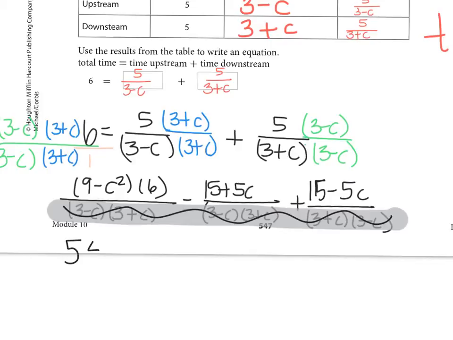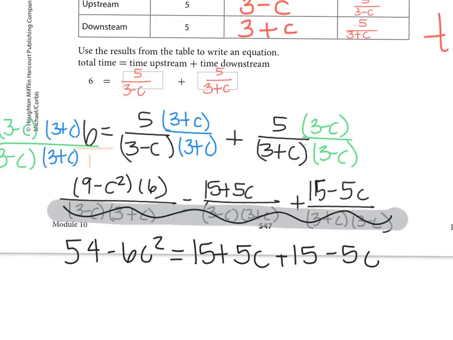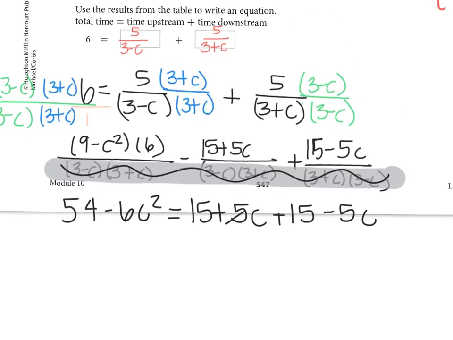So I have really 54 minus 6c squared is going to equal 15 plus 5c plus 15 minus 5c. So on the right side, the plus 5c and minus 5c cancel. So I really have 54 minus 6c squared equals 30, because I can combine those 15s together.